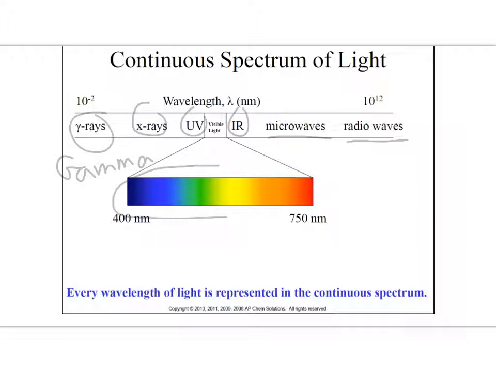In the middle is visible light, and as you can see, violet or purple has the shortest wavelength and red has the longest wavelength. This is a continuous spectrum, as things fade from one into another.